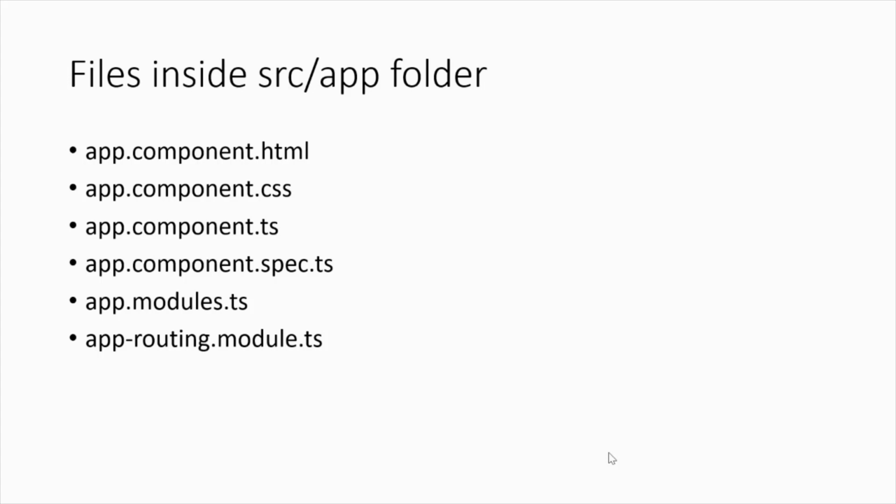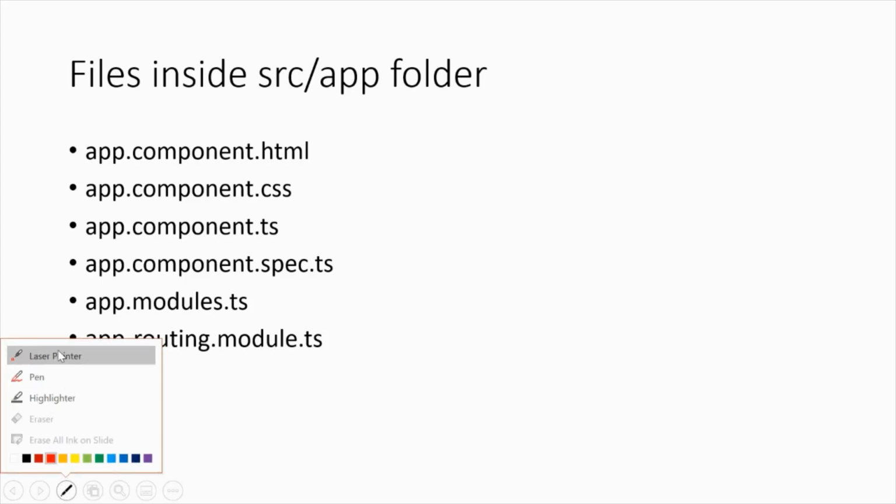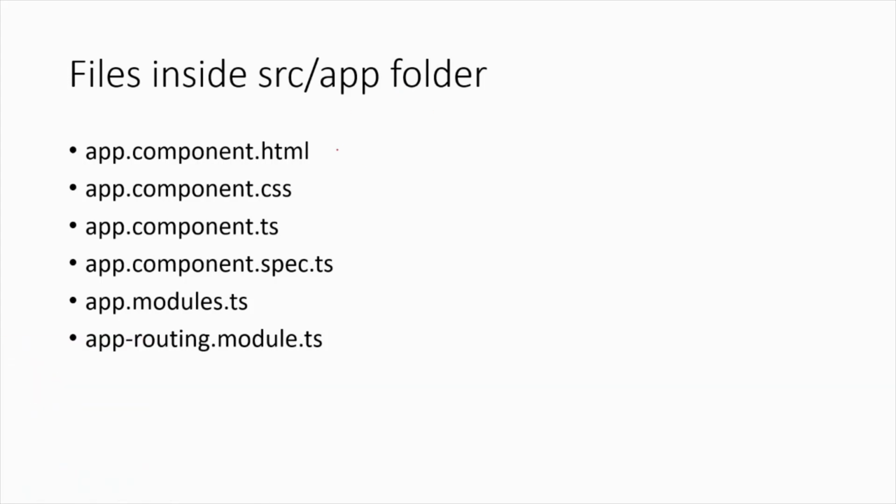The first 4 files are related to the component, because these all have component, component, component, and component. So these 4 files are component files, and these files are the module file, and these files are the routing file.